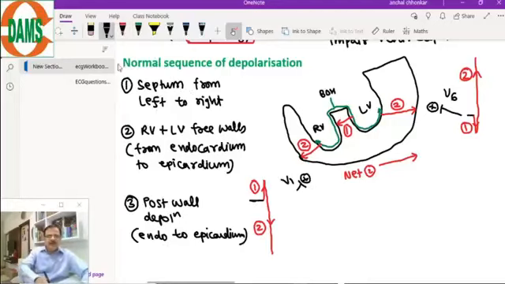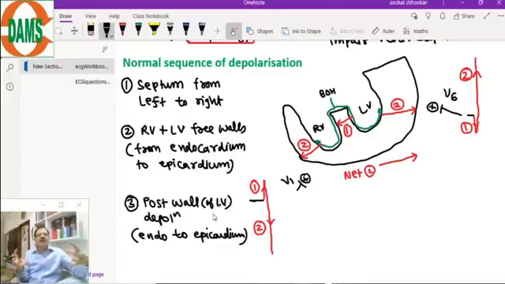Because the left ventricle vector is huge. The left ventricle generates a large amount of current. If a large amount of current is going away from V1, the depth will be more. And similarly in V6, the height will be more, the positive component will be more, because the free wall generates a huge current.